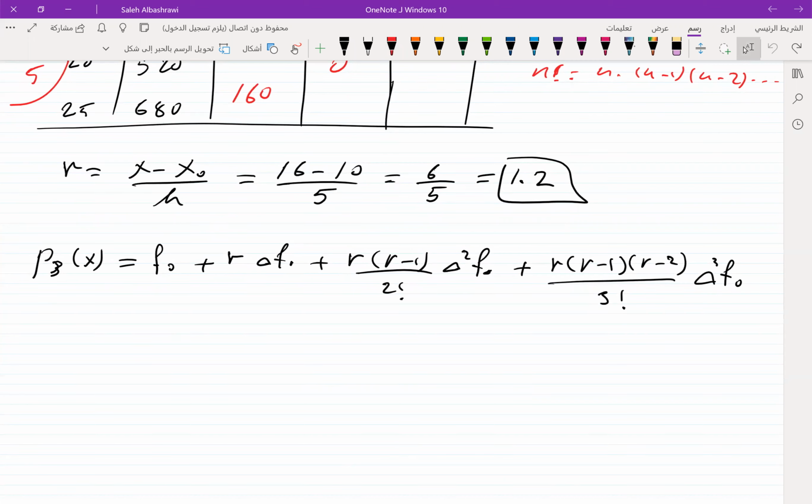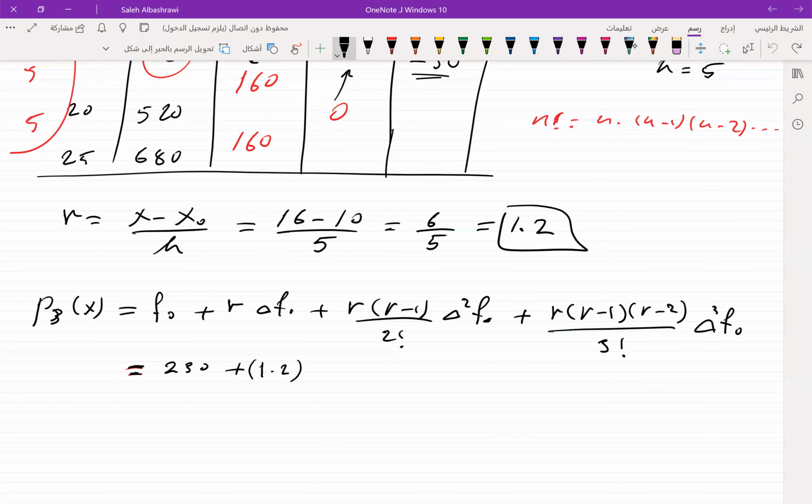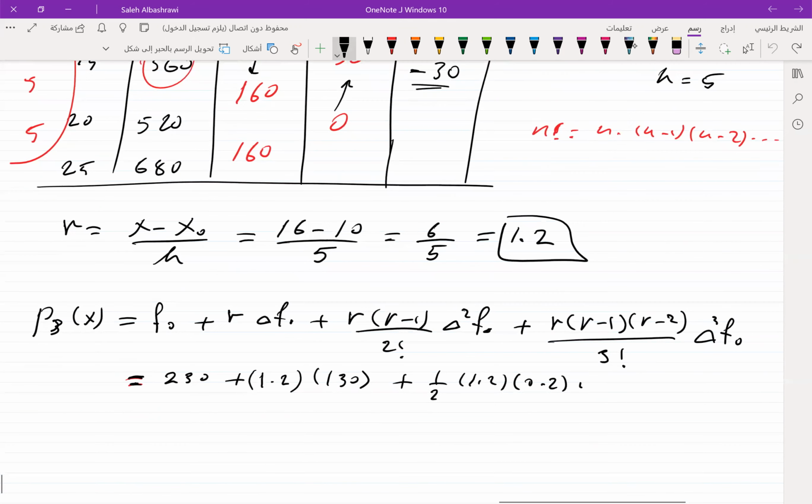So the polynomial will be written as f sub 0, which is equal to 230, plus R, which is 1.2, multiplied by the first difference, which is equal to 130. Plus 1/2, this is 2 factorial, times 1.2. R minus 1 will be 0.2. Multiplied by the second difference, which is equal to 30.